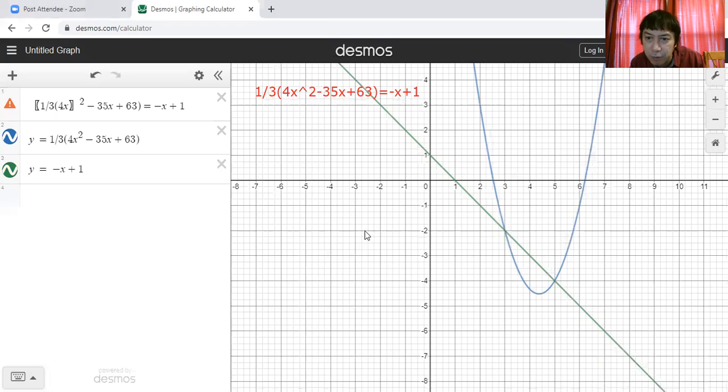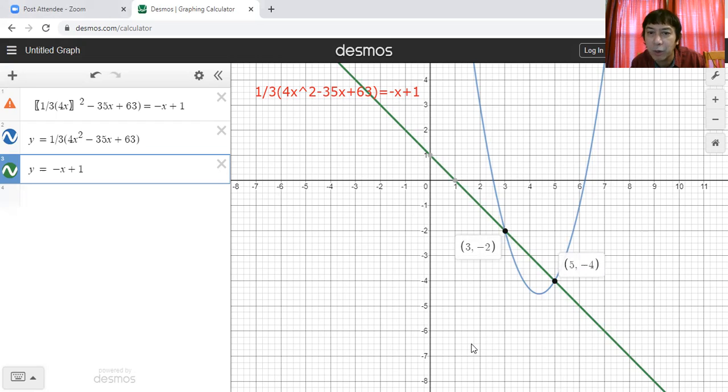We can now focus on the intersections. One intersection over here, one intersection over here. We have two x values, x equals 3 and x equals 5. The 2 points are located in the fourth quadrant, but we're only interested in the x values.